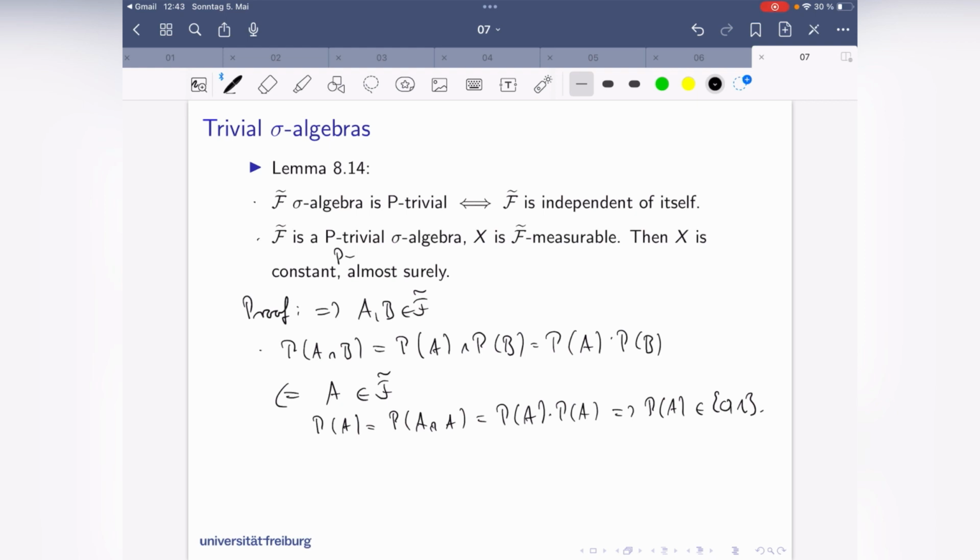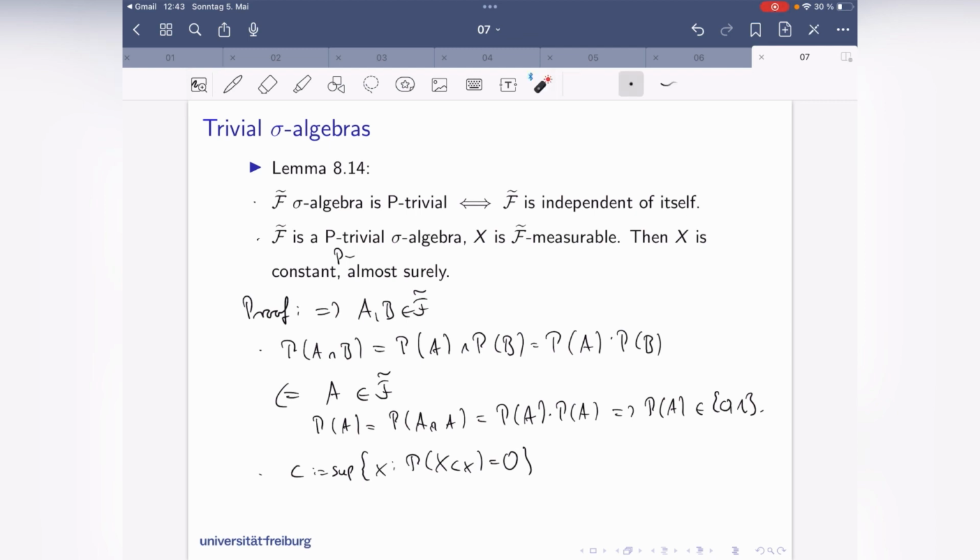Then the second thing. If some random variable X is measurable with respect to a P-trivial sigma algebra, it's constant, P-almost surely. Let's define c as the supremum over all x such that P of X smaller than x equals 0.